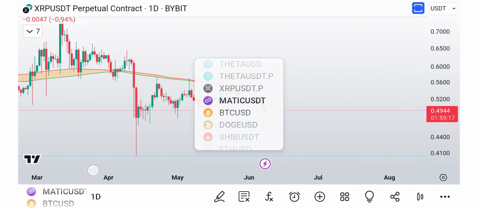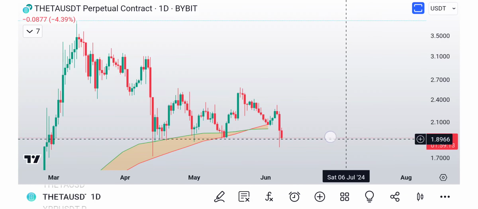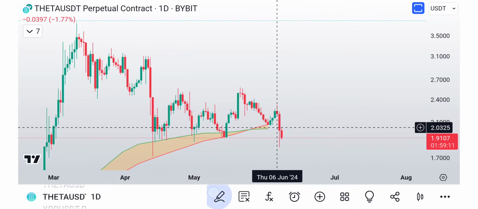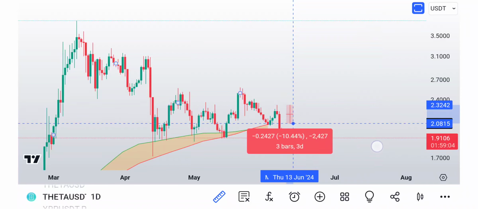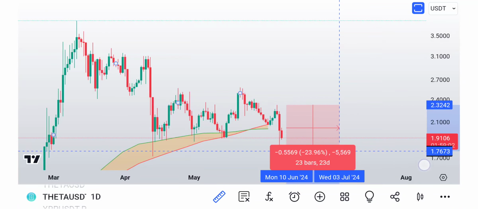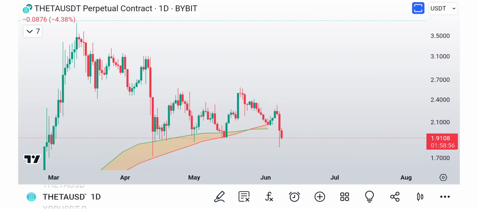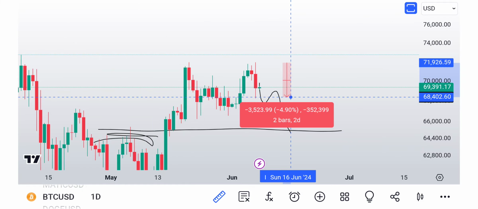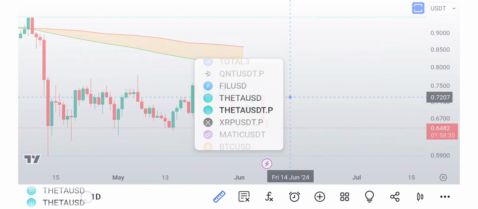So if that's the case, right, then we go back to Theta. If it's still doing that, then Theta fell how many cents? It actually fell 50 cents, right? So 51 cents. So Bitcoin fell about that $3,500 mark, and Theta fell 50 cents.